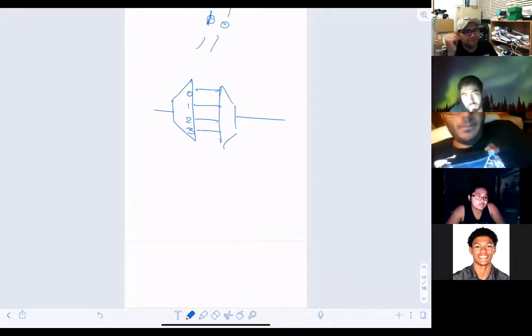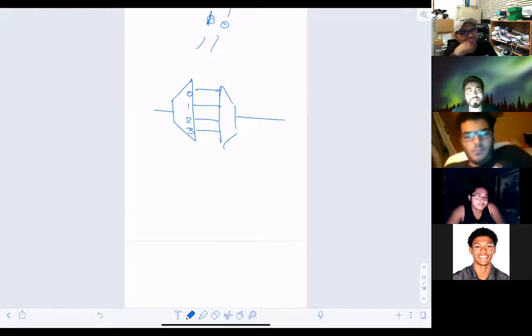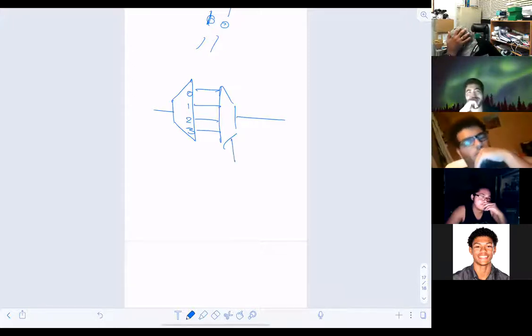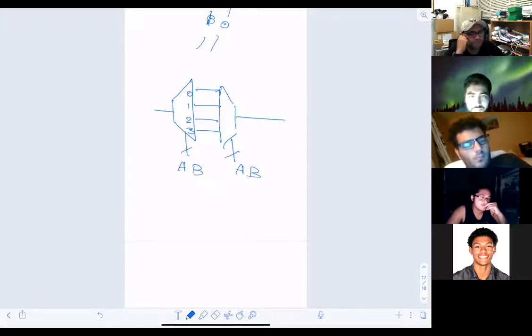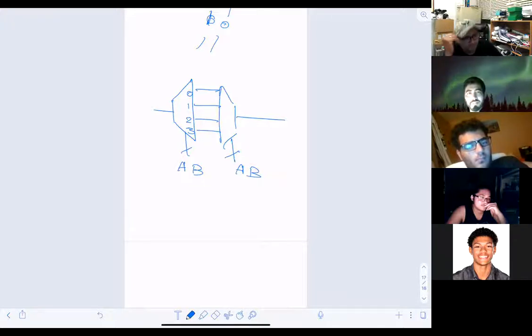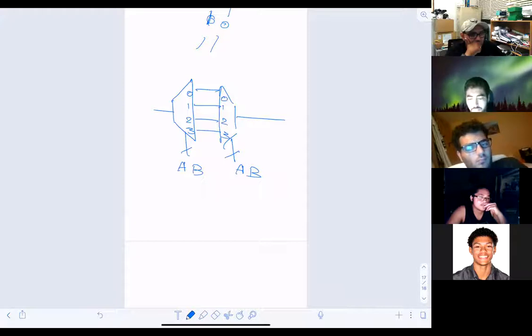That's it. Right? What would a full adder look like in this equivalent? Same trick.